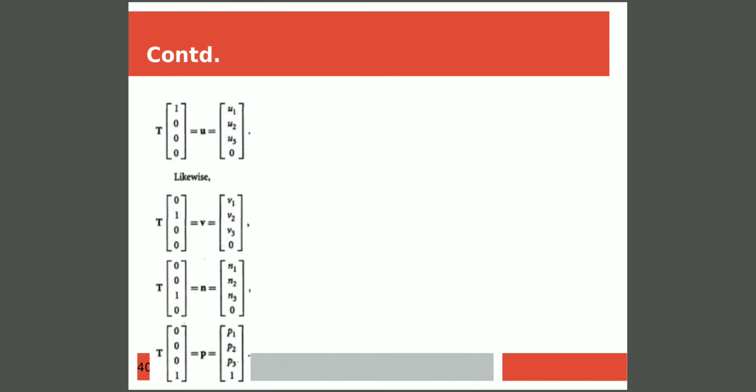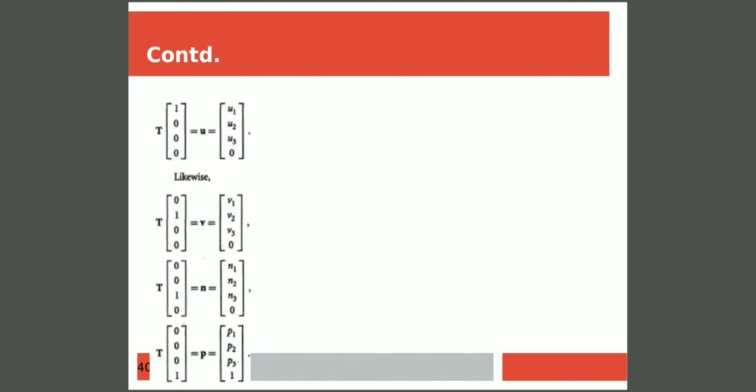Then u, which is u1, u2, u3, 0 in a column matrix, can be given as 1 0 0 0. Similarly, V, that is V1 V2 V3 0 in a column matrix, is 0 1 0 0 in a column matrix. N can be represented as 0 0 1 0 in a column matrix.